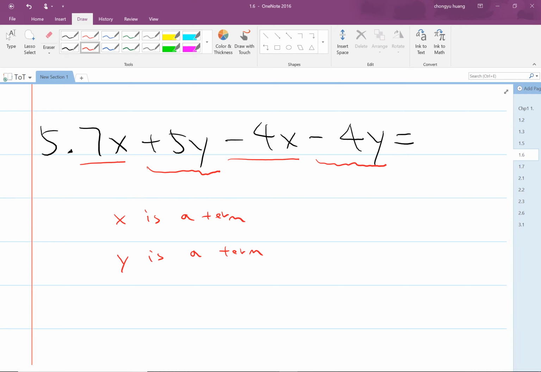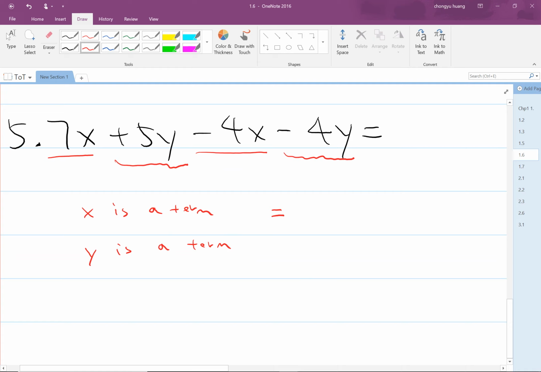So you have to trace them differently. So what you're going to do over here is, you don't want to add in the wrong term, right? So maybe you want to do the x first and then do the y second, right?